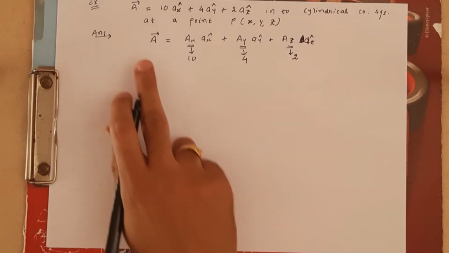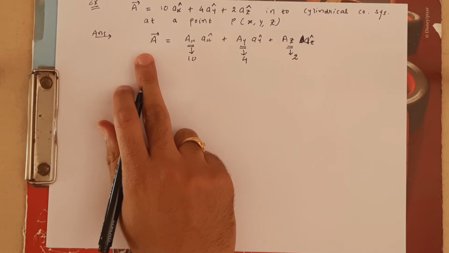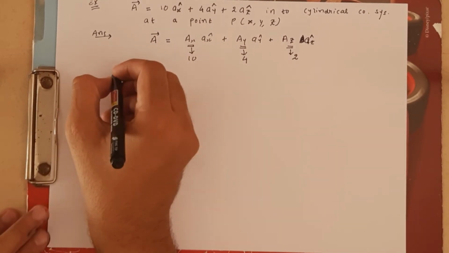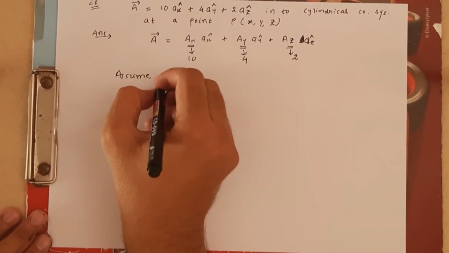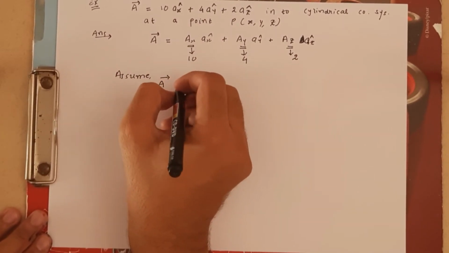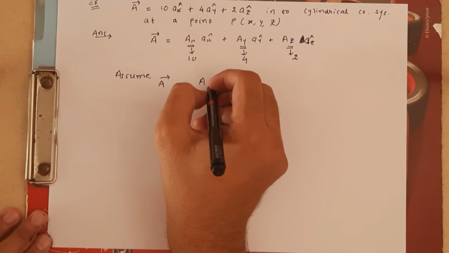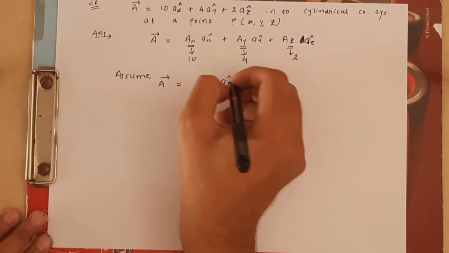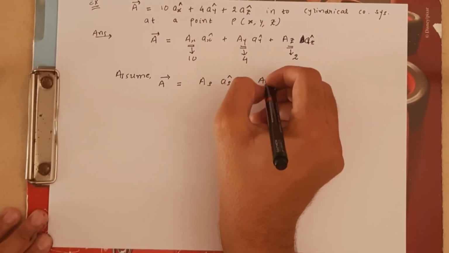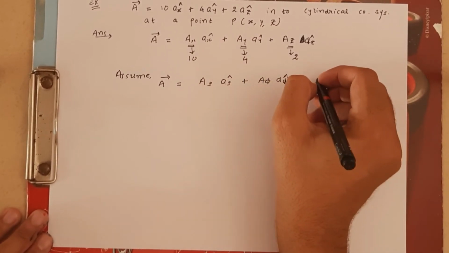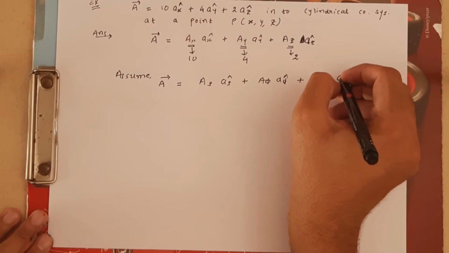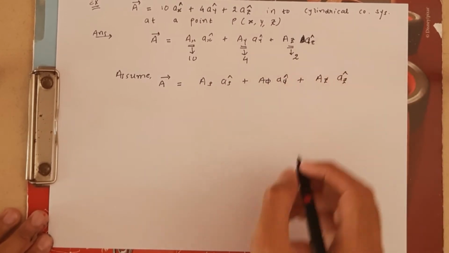Now we have to convert this vector A into the cylindrical coordinate system. Which are the variables for the cylindrical coordinate system? Rho, phi, z. So we just assume this vector A has A rho into a rho plus A phi into a phi plus A z into a z.